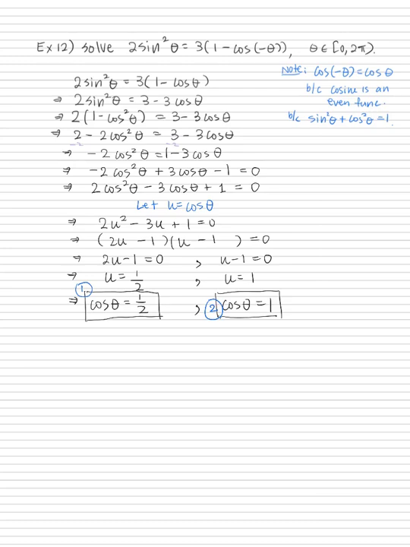So let's first do the side work for circle 1. We have cosine of theta equals 1/2. So our reference angle is going to be pi over 3. Let me just draw you a picture.